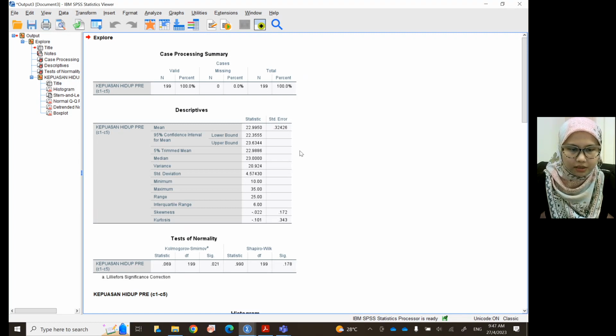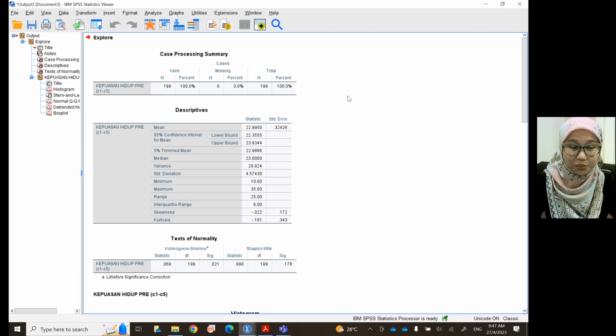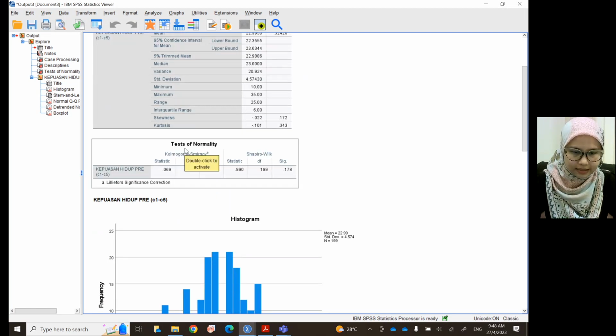Our respondents now, you can see, are about 199, which is more than 50 respondents. So you straightly go to the tests of normality. From here, whether you look at Kolmogorov or Shapiro depends on how many respondents you have.